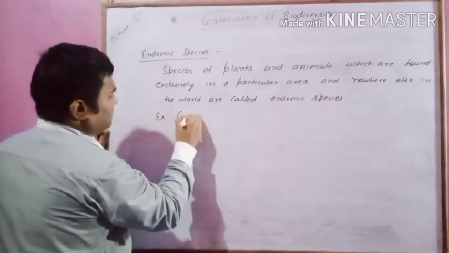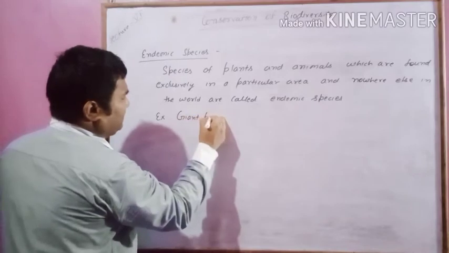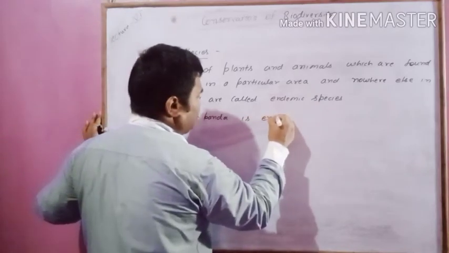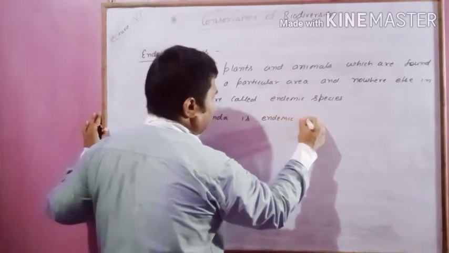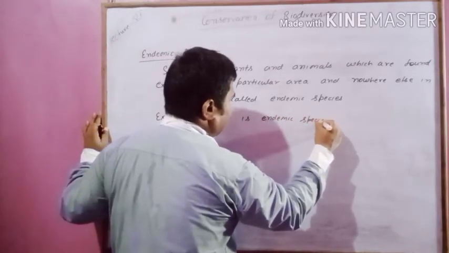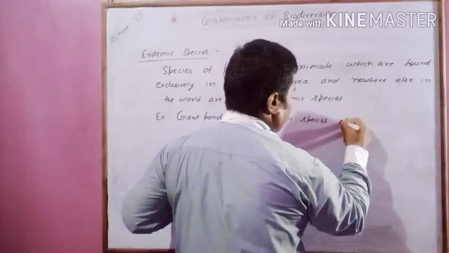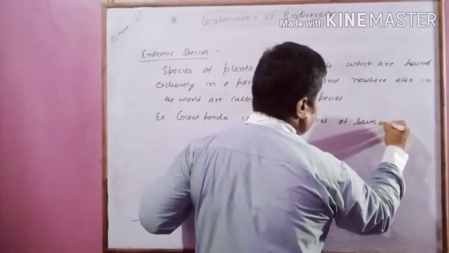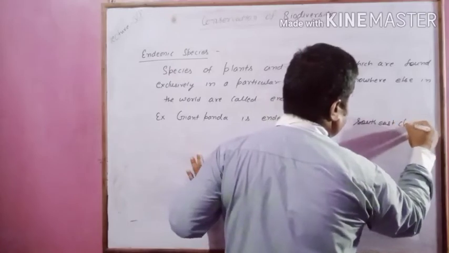Example: giant panda is an endemic species of Southeast China. Okay?